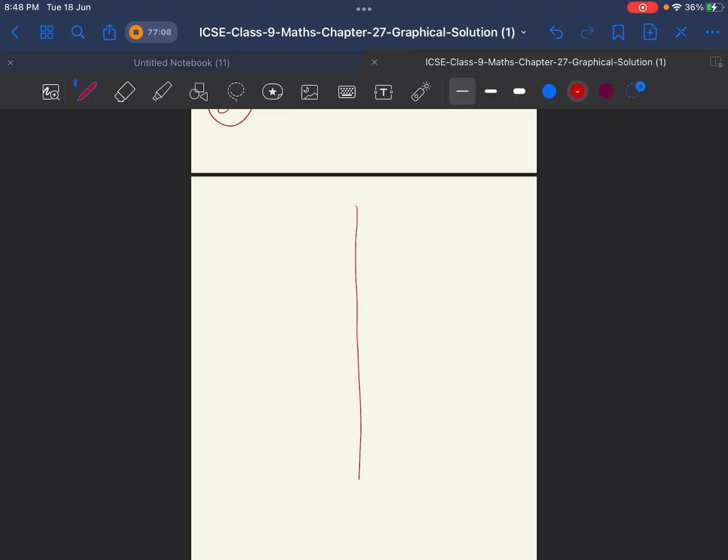So we plot a graph with y o y dash and x o x dash.